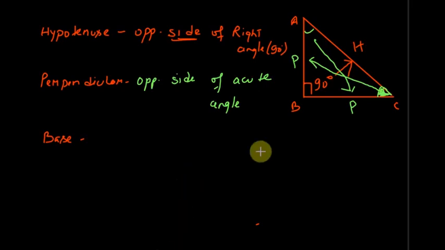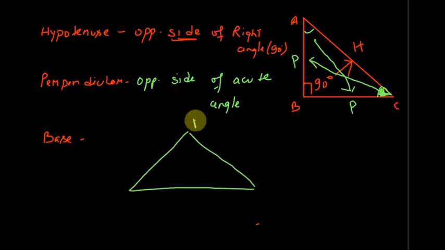Let's take more examples. We draw one more triangle here and name it MNO. N is 90 degrees. Can you tell me which one will be the hypotenuse? Hypotenuse is the opposite side of the right angle, so the hypotenuse is MO. Now these two angles are acute angles.